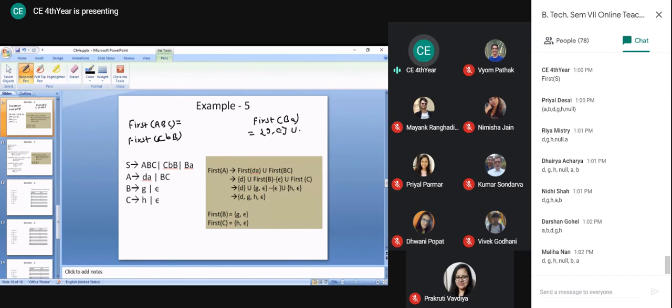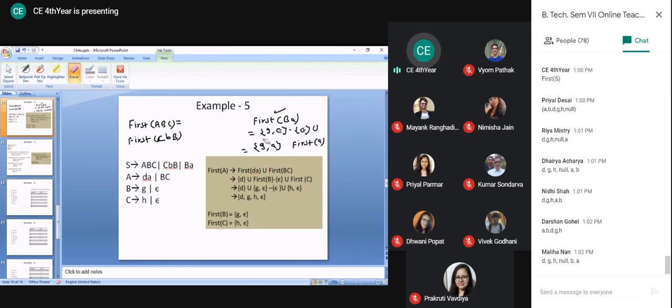Because B is producing null, we have to also consider what follows. If I eliminate null, because null will be added only if the entire production gives null, finally from first of BA we'll get G and A. Null will not be there because this A will always be there. So the answer for first of BA will be G and A only.